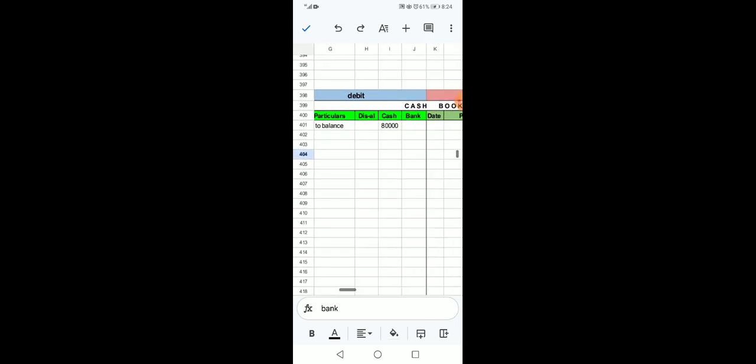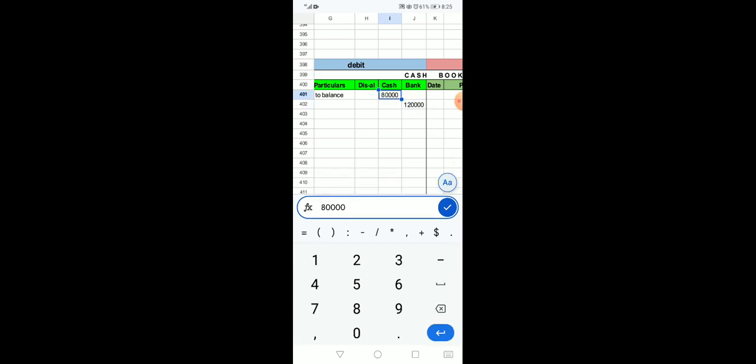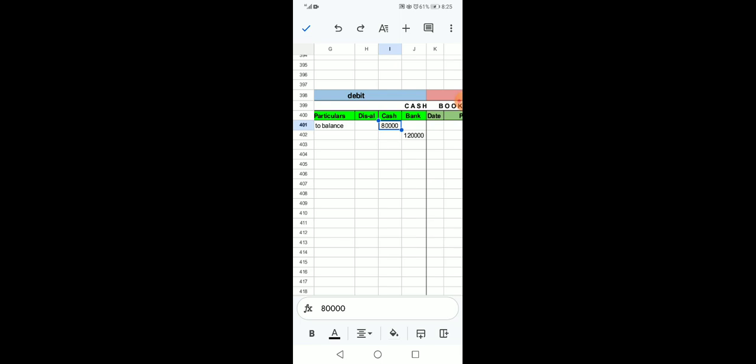Now the entry number is 1B, where there are two elements, but we are associated with only one element, which is bank, debited 1,20,000. You will go to the debit side of the bank and write 120,000 on the debit side. The rule is very simple. You will see discount, cash and bank. If it is debit in the journal, you will debit in the same column. Like cash was debit in the journal, and you chose the debit side of the cash column of the cash book.